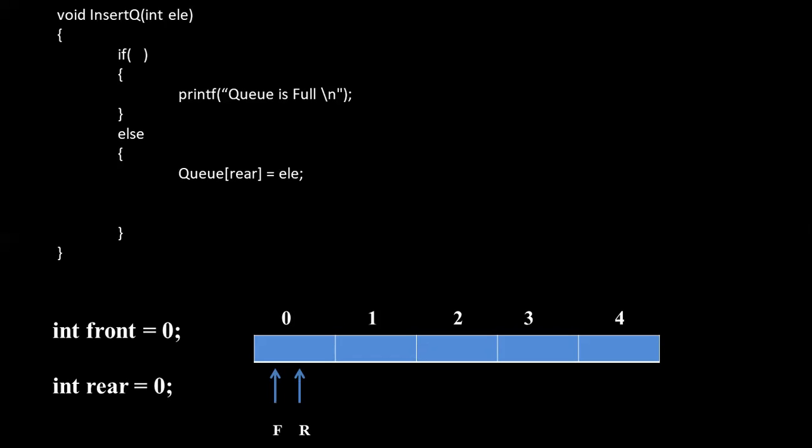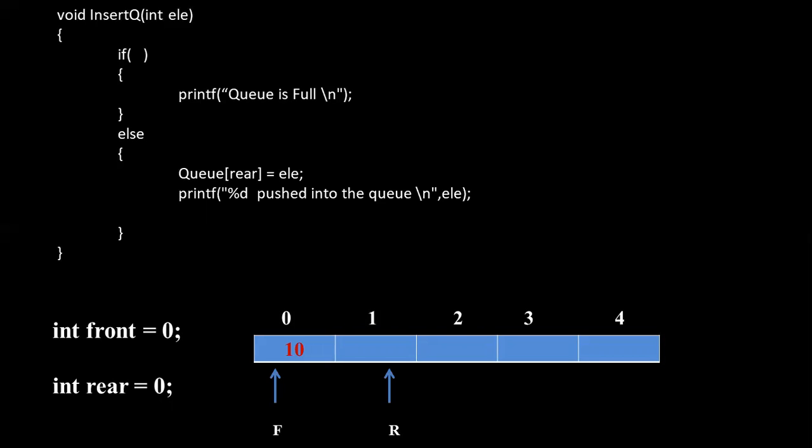And suppose we are inserting the element 10 into the queue using the variable rear, then the rear is pointing to the 0th location. So 10 will be placed here, which prints the message saying that 10 is pushed into the queue. And after that, we must move the rear position to insert the next element.